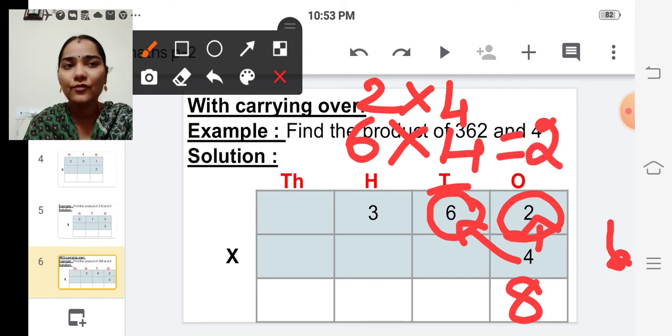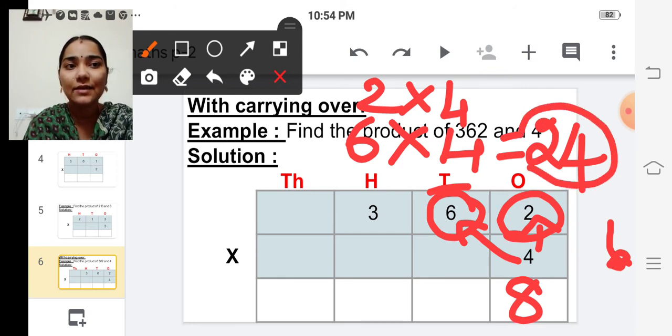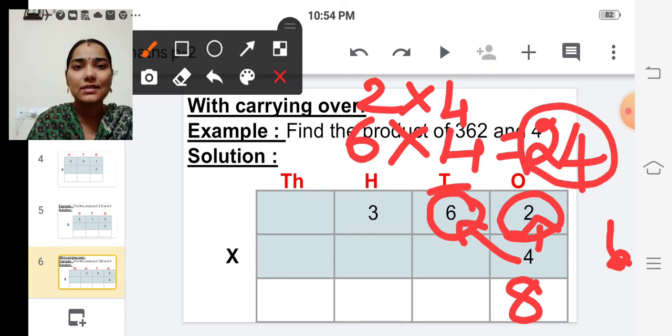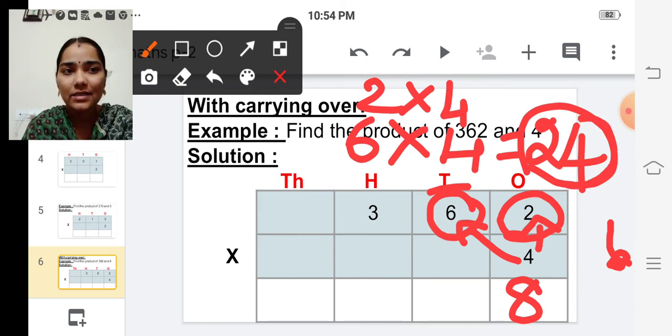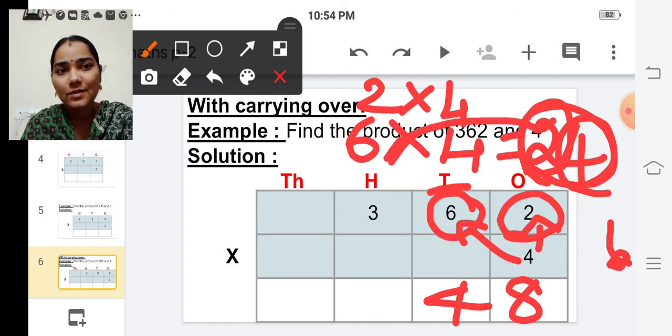You all know the fourth table, isn't it? So, here we are getting a 2-digit number. What we have to do? We have to write this 1's digit in the answer and carry over this 10's digit to the next place, that is in the 100's place.